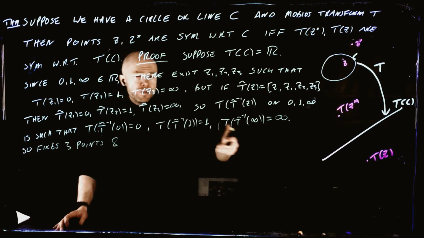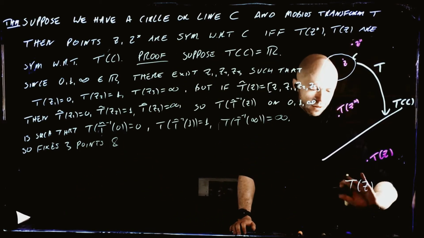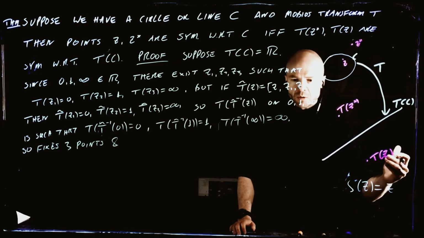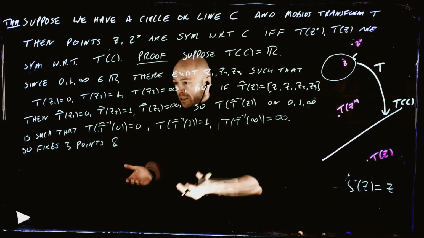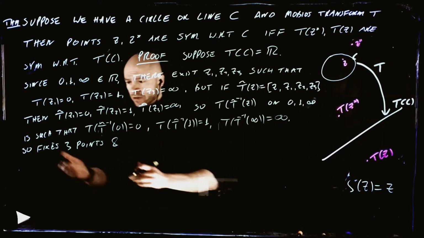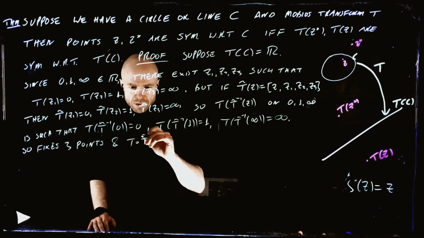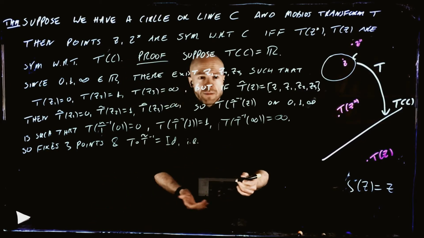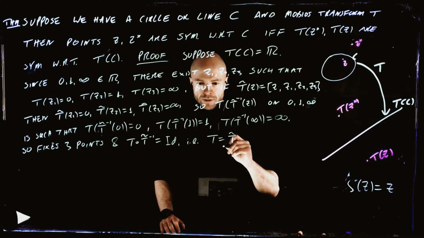If you remember the proof, we wrote down the consequences of having S of Z equals Z. It just turns out to be a quadratic, you just do the algebra, and you have at most 2 distinct solutions to the quadratic. So the only way you can have 3 distinct fixed points is if you have the identity. So T composed with T tilde to the -1 is the identity. In other words, these things are the same mapping: T equals T tilde.